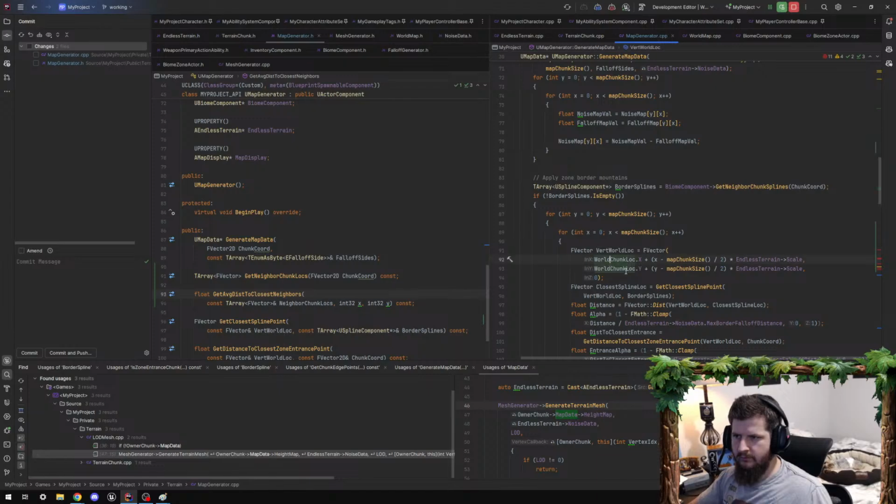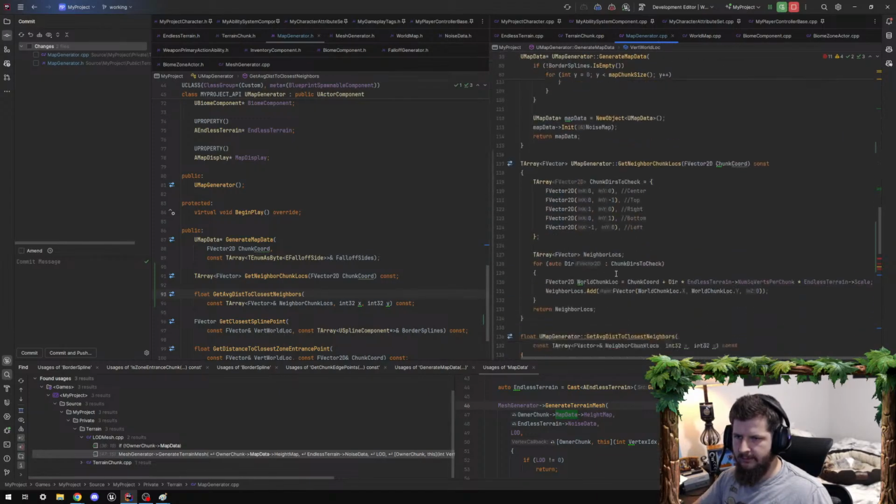And what is world chunk location? Is a Vector3? Yeah, okay.